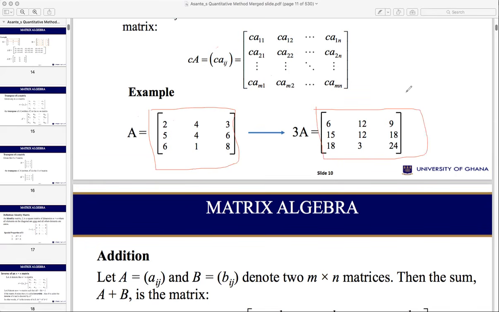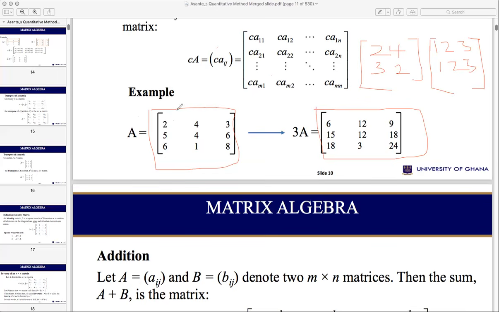But something like this, 2, 4, 3, 2, cannot be added to something like 1, 2, 1, 3, 2, 1, 2, 3, 3. They cannot. We call this undefined. Since this is a 2 by 2 matrix, it cannot be added to a 2 by 3 matrix. You get it?